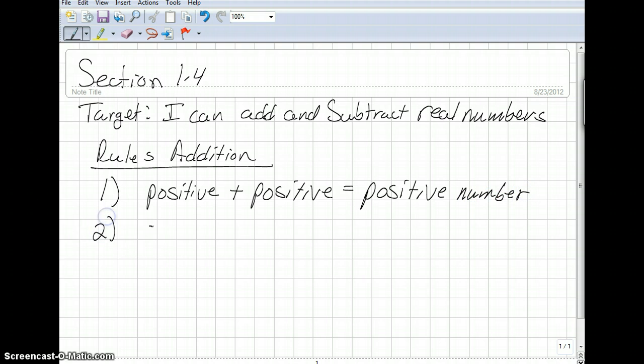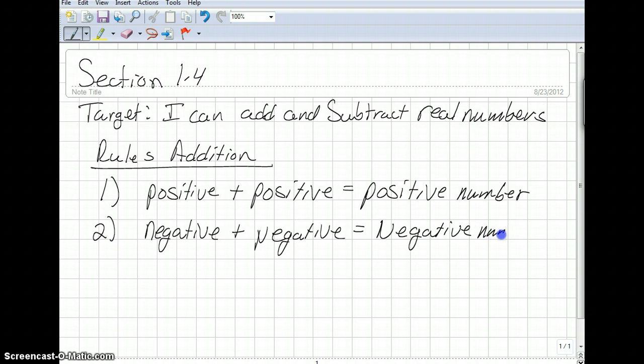Number two, if you have a negative plus a negative, the answer is always negative. So in other words, if the signs are the same, your answer is going to be the same sign as the two numbers you're adding together.